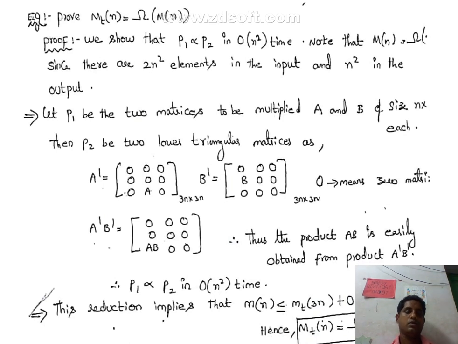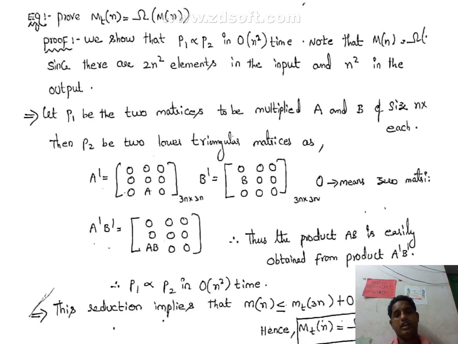For example, prove MT of n equals omega of M of n. We show that the reduction from P1 to P2 takes big O of n square time. Note that M of n equals omega of n square, since there are 2n square elements in the input and n square in the output.